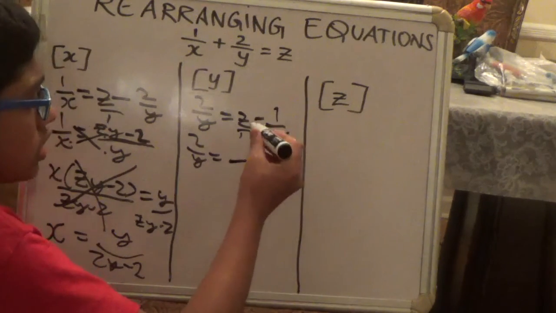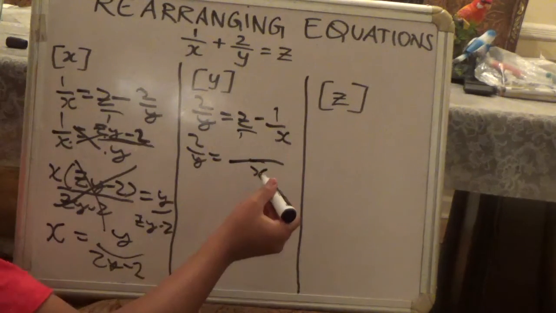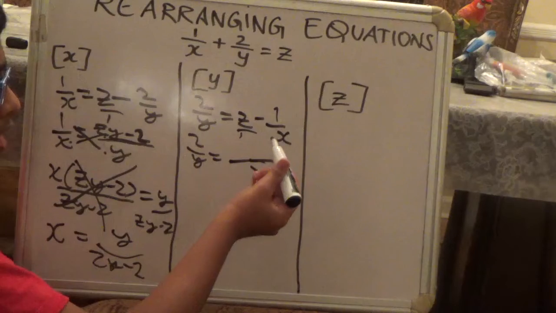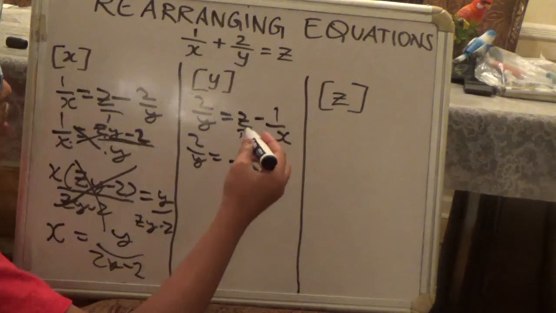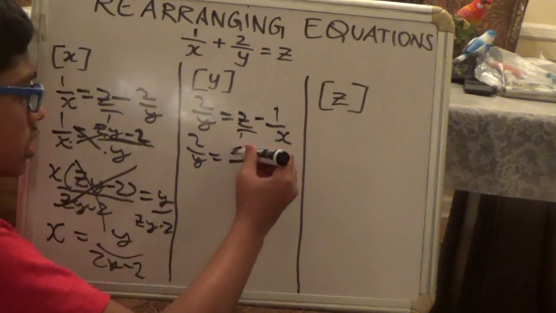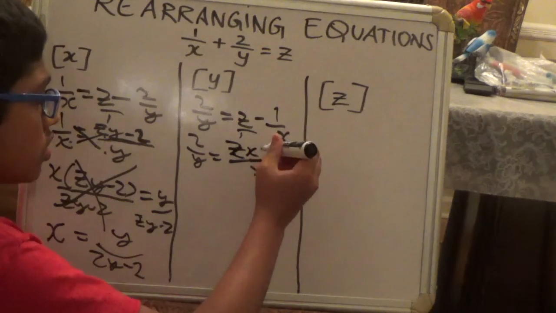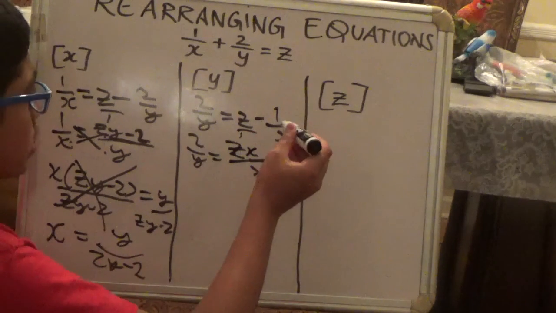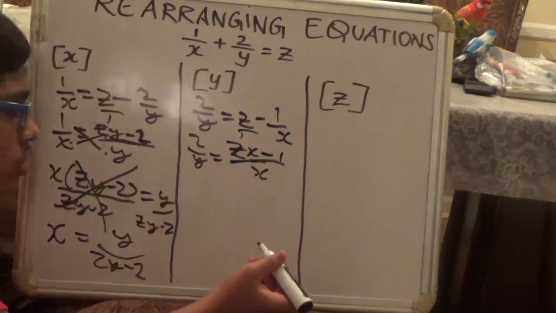So how do you make z over 1 with the denominator of x? Multiply both by x over x, since x over x is 1 and doesn't change anything. So if you multiply z over 1 by x over x, you get zx over x, and since we have 1 over x here, minus 1. Okay, now we cross multiply.